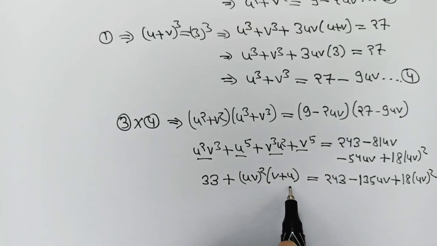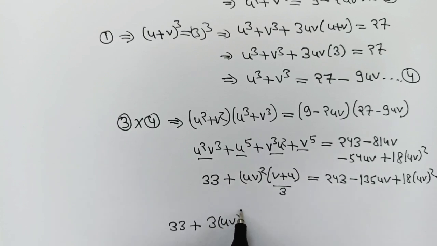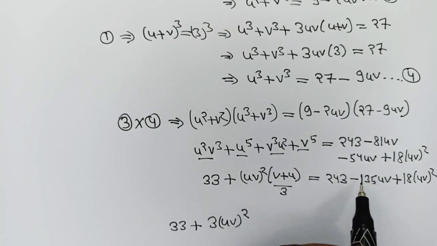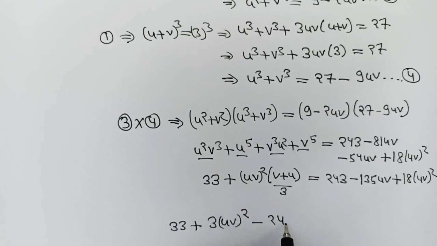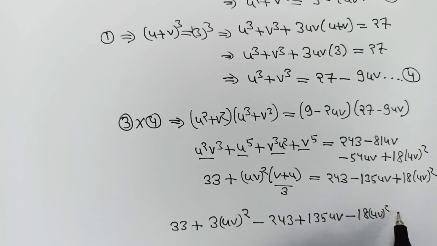Now this value u + v is nothing but 3, and then we have 33 + 3(uv)², and taking all values to this side we have −243 + 135uv − 18u²v² = 0.